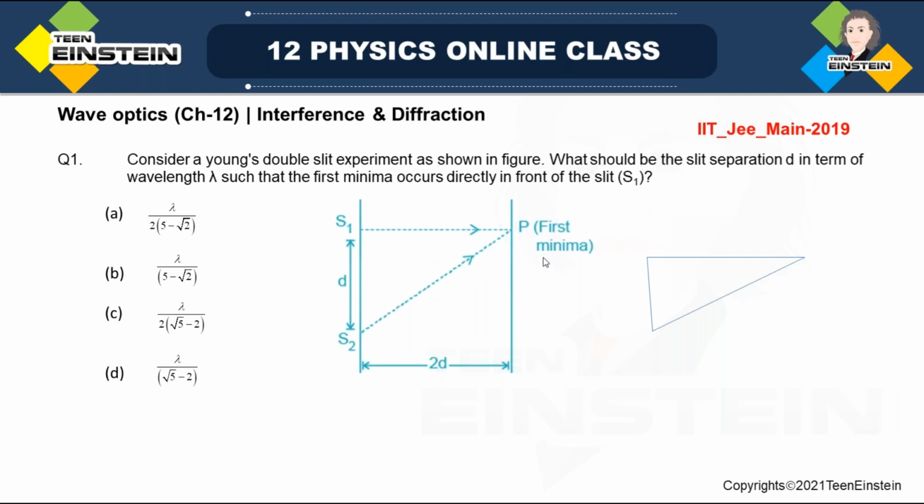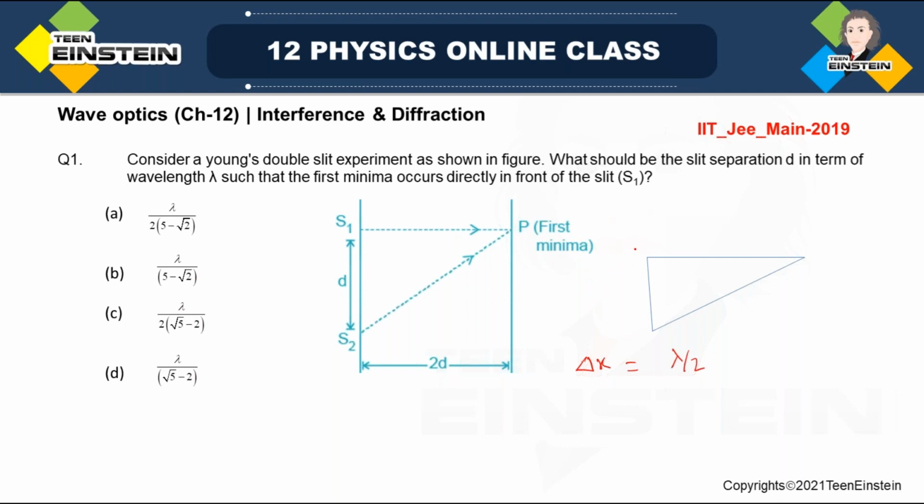In this situation, first of all, what is the condition for minima? We know the condition for minima is the path difference. If the path difference is delta x, then delta x is equal to lambda by 2 for first minima. So then we have to find out the path difference.